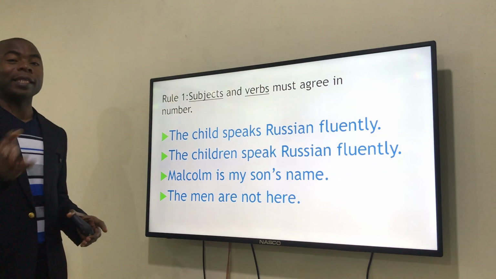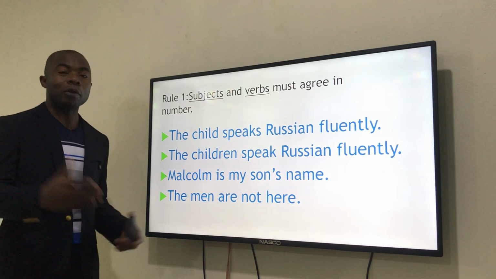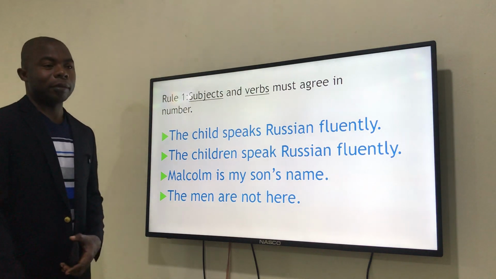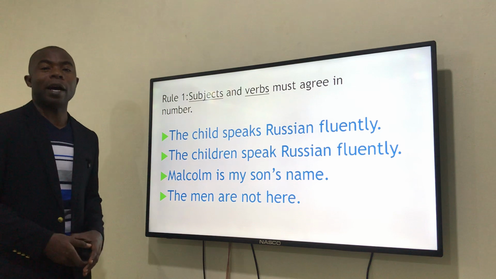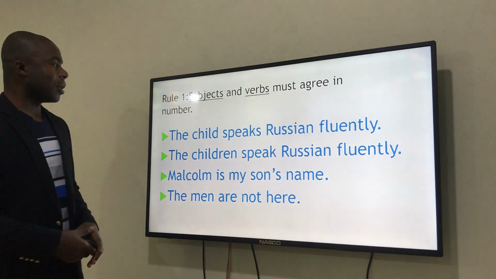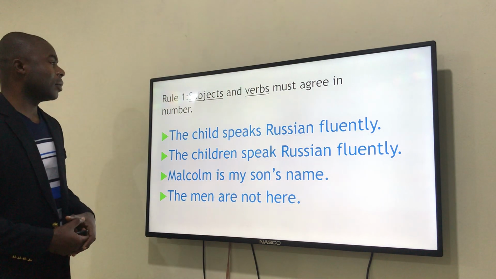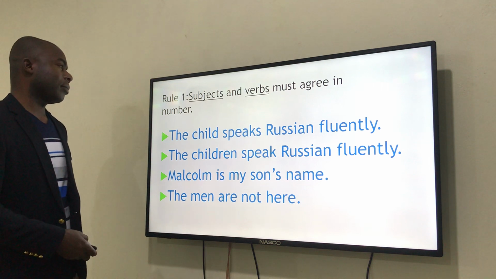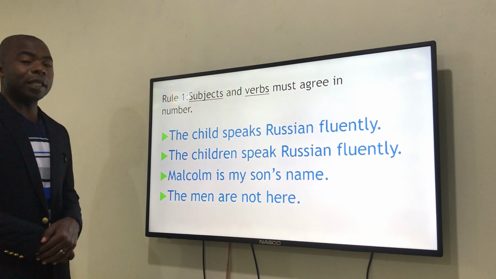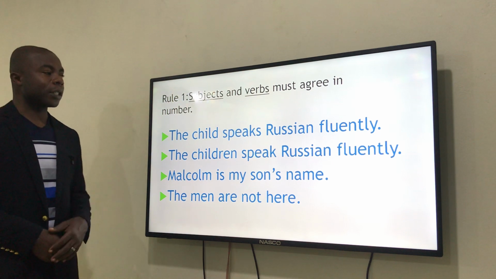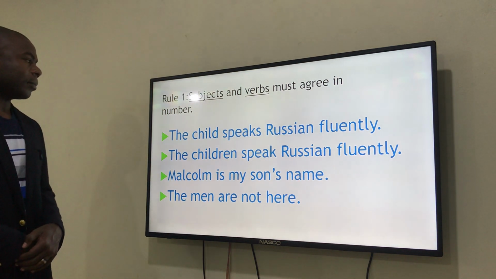Number means either it is singular, one, or plural, more than one. 16, 7, a billion, 1.5, maybe. So more than one, plural; one, singular. So we take the sentences to see, for example, the child speaks Russian fluently.